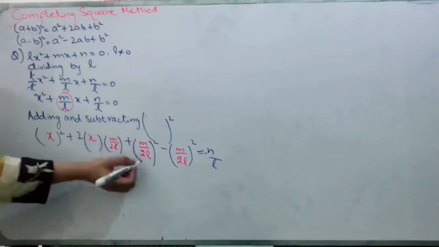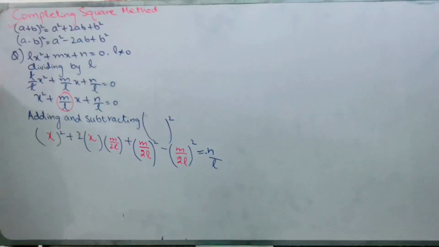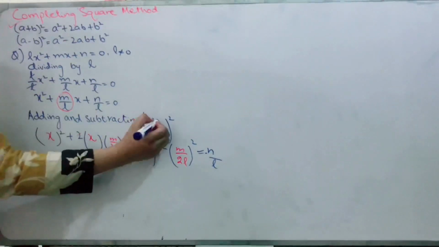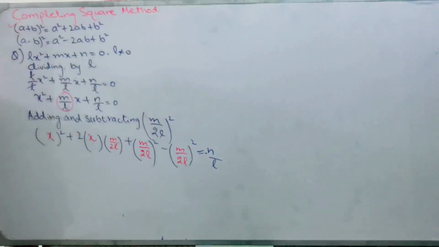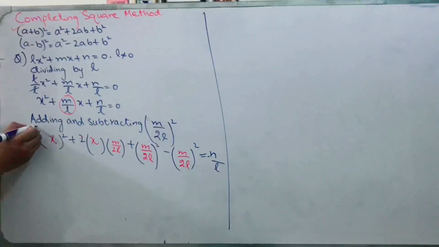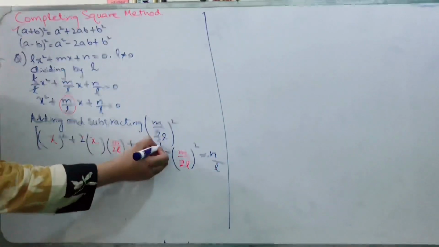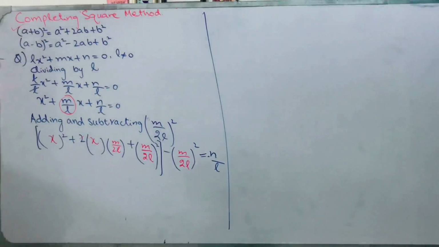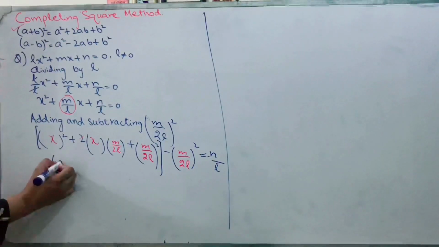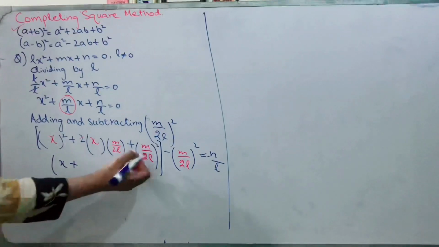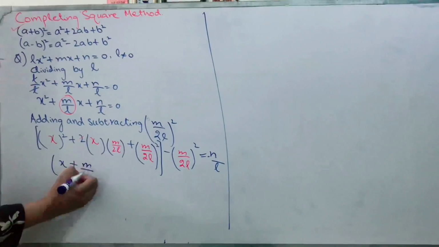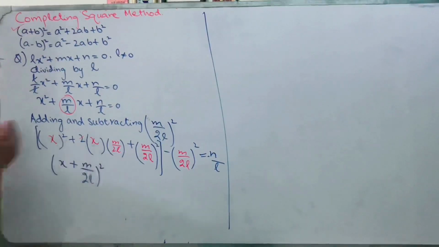Now you know what your b is, so you can write here adding and subtracting m by 2l, right? From here till here my formula is being closed. You will write (a plus b), value of b is m by 2l, whole square.